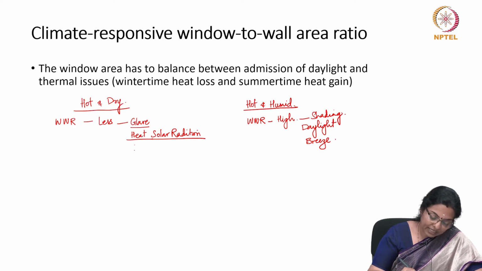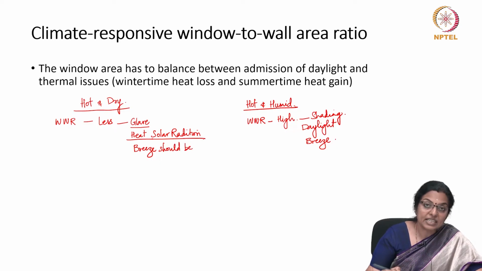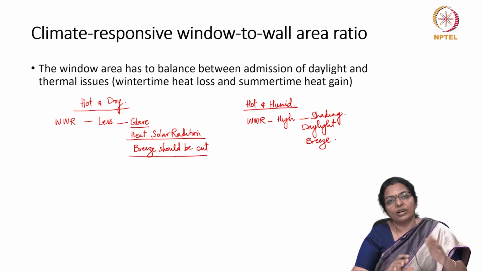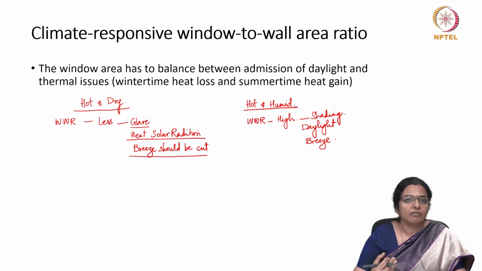Whereas in the hot and dry, the breeze should also be cut because it is a very hot, dusty wind. So, we cannot look at openings or daylighting in isolation without bringing in factors of solar radiation or air movement.